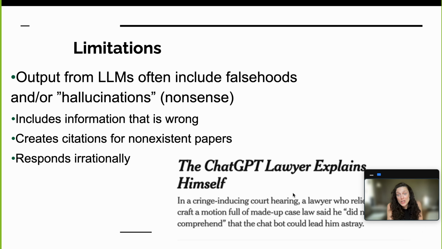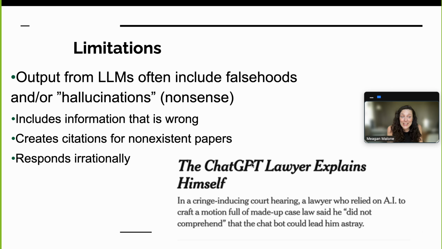Sometimes it responds irrationally. And, for example, many people have started to use this without knowing that it is not a truth centric tool. So there was a lawyer who was representing a client who sued an airline, and the airline claimed that the statute of limitations had run out for the case.